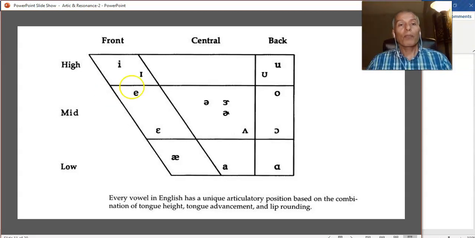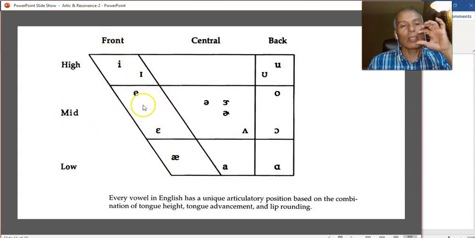So when you say back bay, that is a. It is mid, front. So the tongue is in the middle of the mouth, and the tongue is forward, front. And you can find this in the keyword back bay.